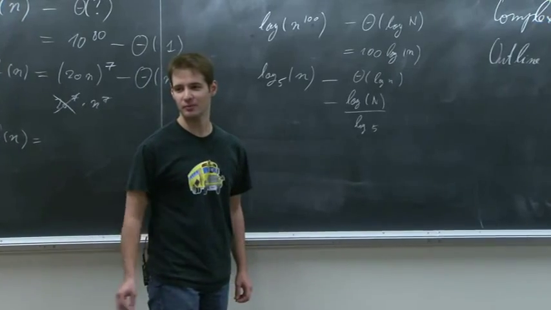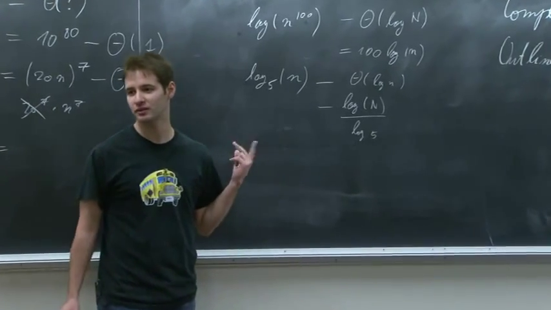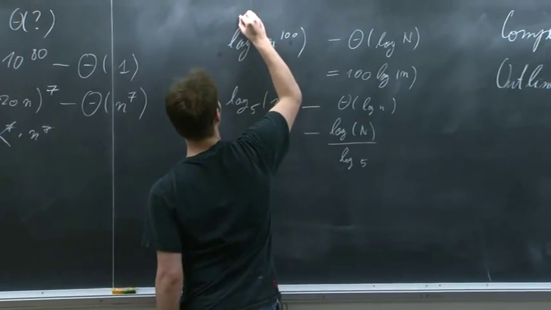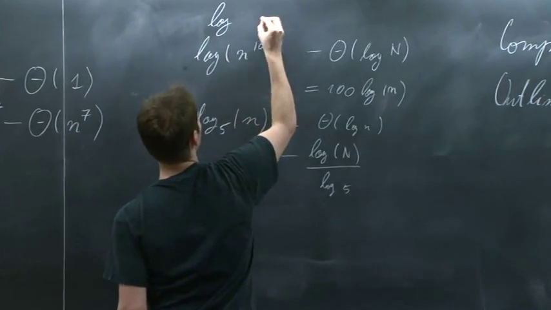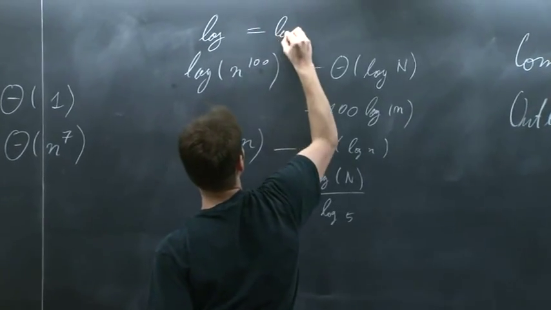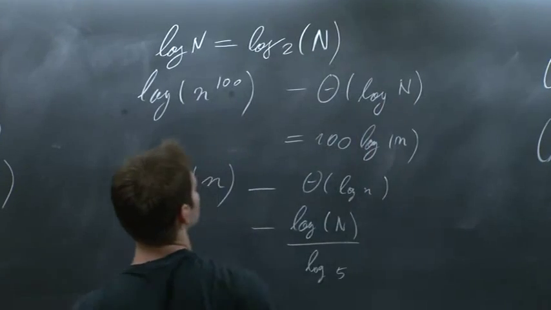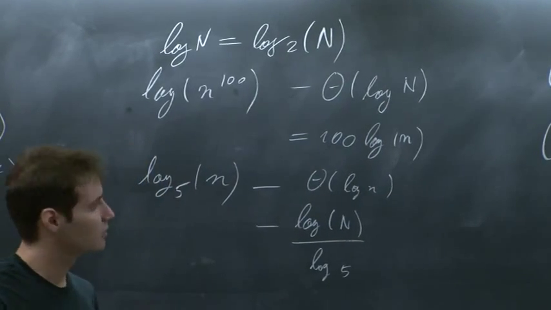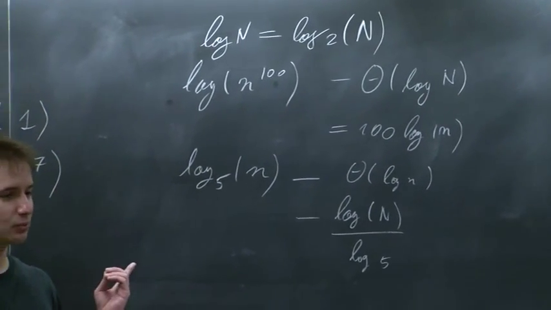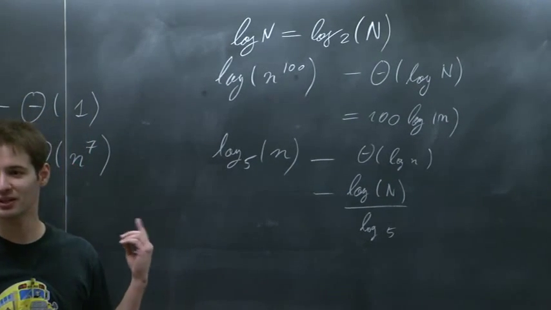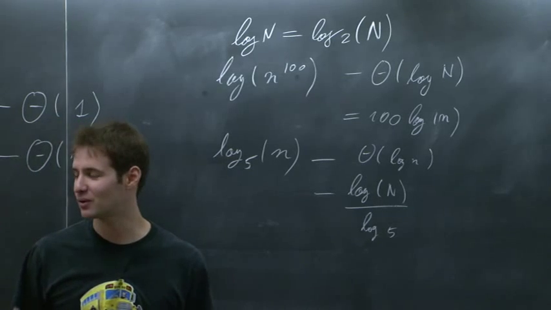For us CS people, a natural base is 2 because that's how many values you have for a bit. So log n is log base 2 of n. The good news is that most of the time we're working with asymptotic notation, so it doesn't really matter. We can communicate with our math friends and we don't have to talk about this.